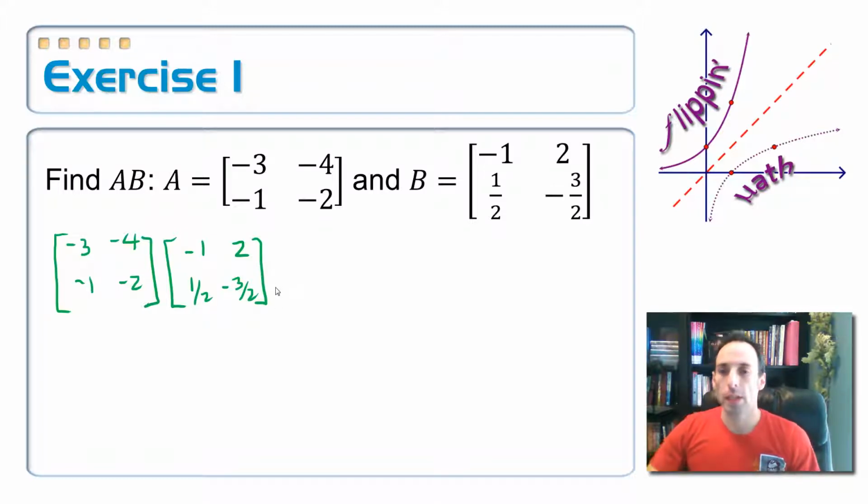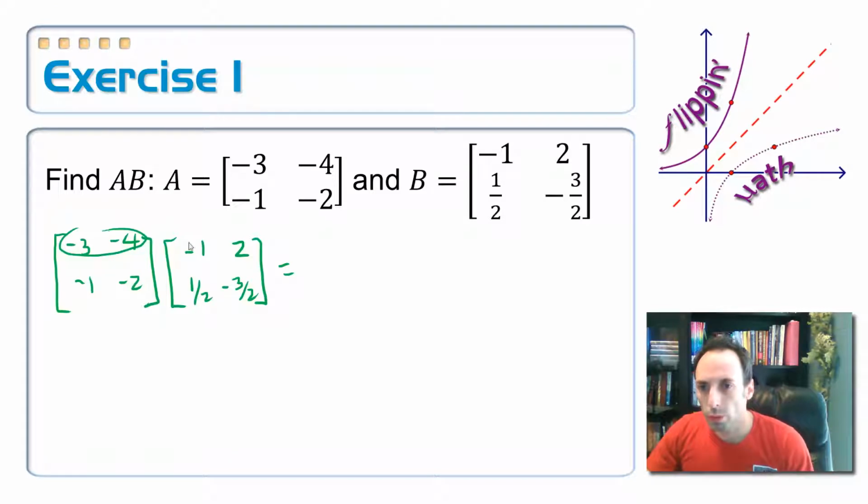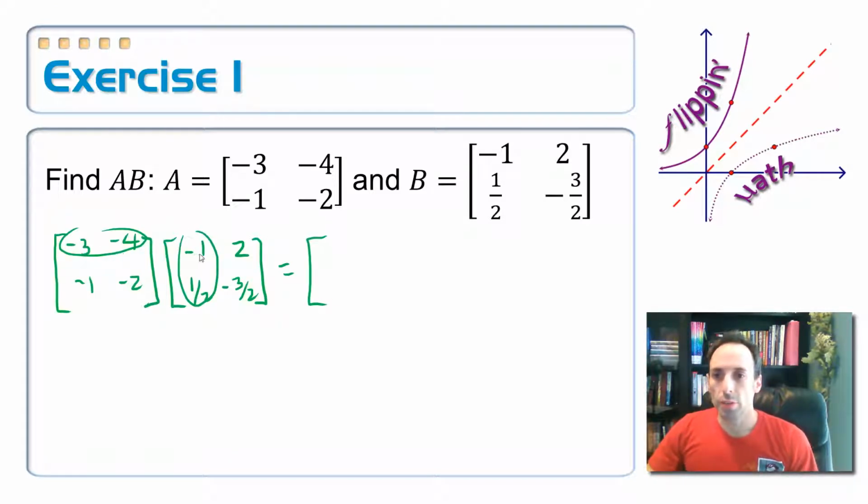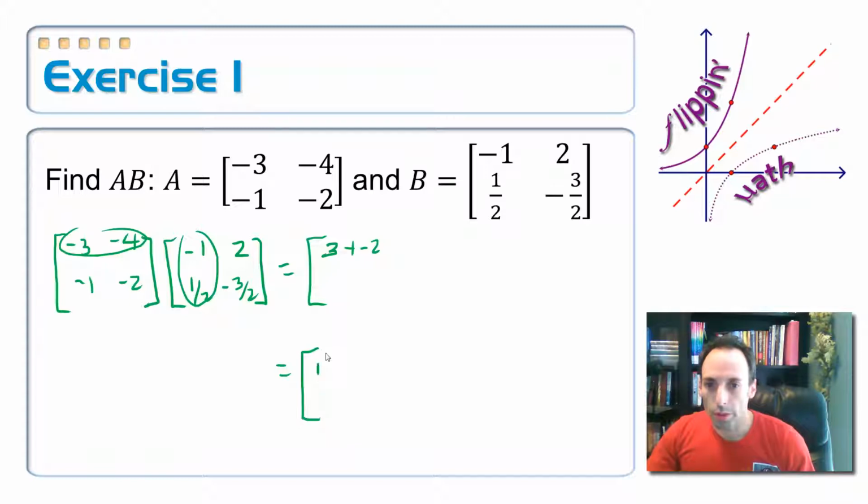Okay. So when I multiply, remember it is a row times a column, then I'm going to add those things up. -1 times -3 is 3, plus -4 times a half is -2. That's just going to be the number 1.